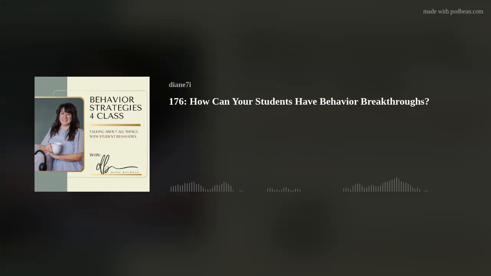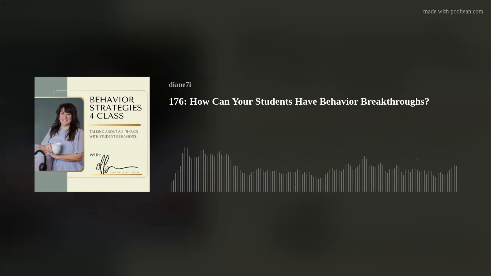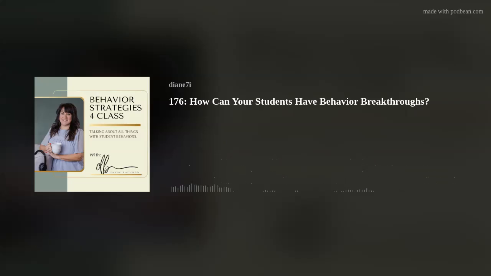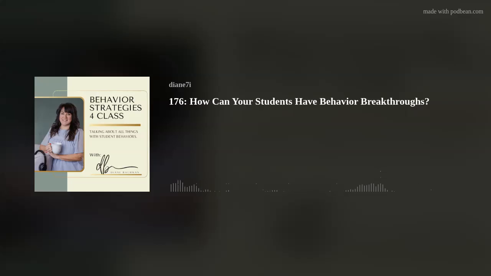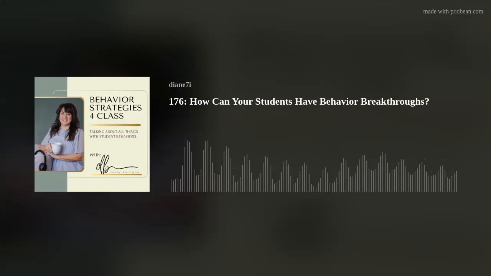We are all human. And then number 6 is celebrate those behavior breakthroughs. When you realize Johnny did not flip out when it was time for math, go give him that high five, that sticker, that whatever it is you have in your class, or that positive reinforcement. Celebrate when they have those behavior breakthroughs. So here's a quote from Behavior Roots. They're on Instagram. And they said, behind every difficult behavior is an unmet need.